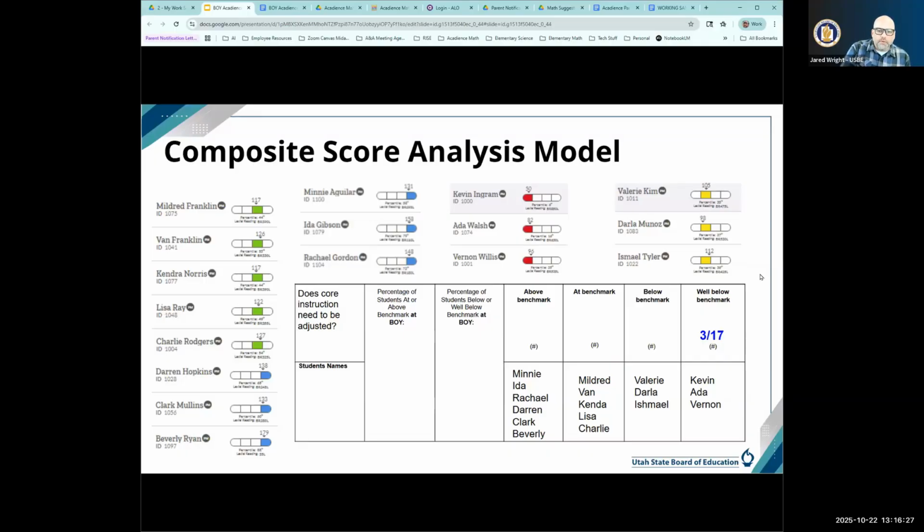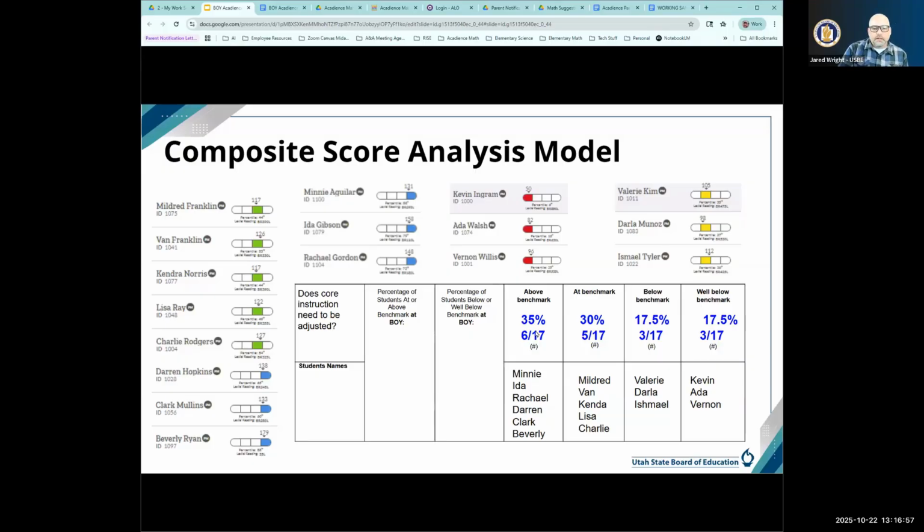There are 3 of the red well below students, and then I have their student names. Then you have 3 below benchmark, 5 at benchmark, the green, and then 6 out of the 17 at the blue, or above benchmark. So looking at what those percentages look like.